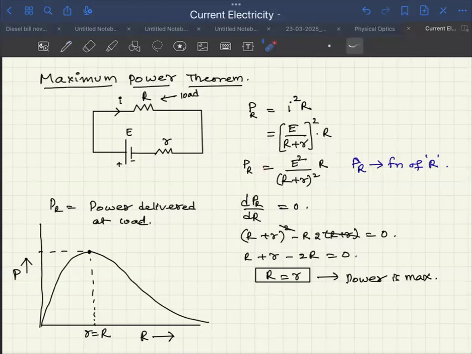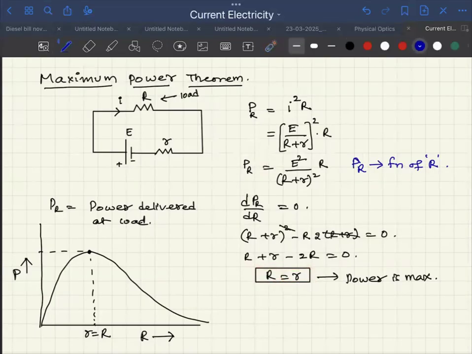By doing the differentiation, I will get this condition, (capital R plus small r) whole square minus capital R into 2 into (capital R plus small r). So I will get this relation as capital R plus small r minus 2r is equal to 0, which means capital R is equal to small r.